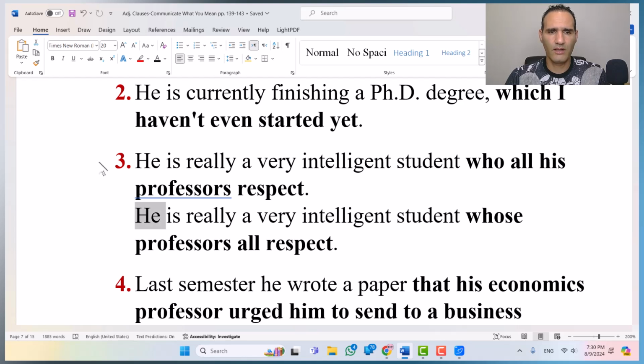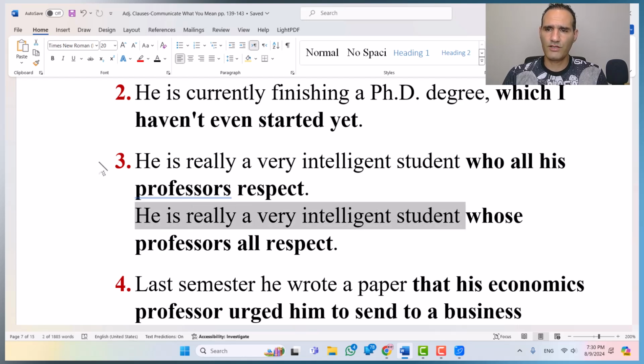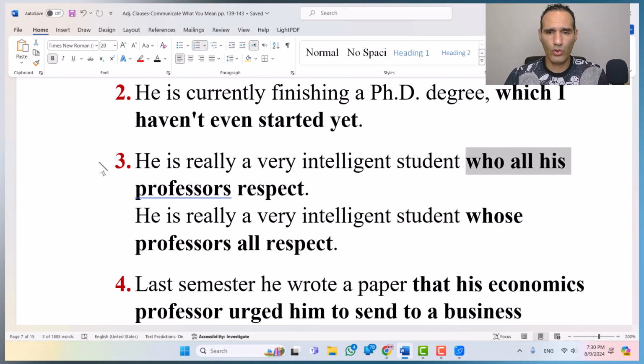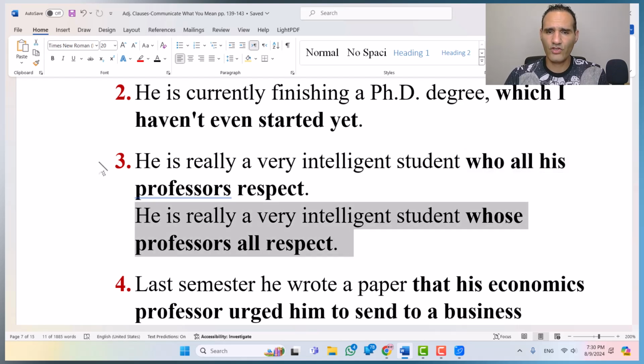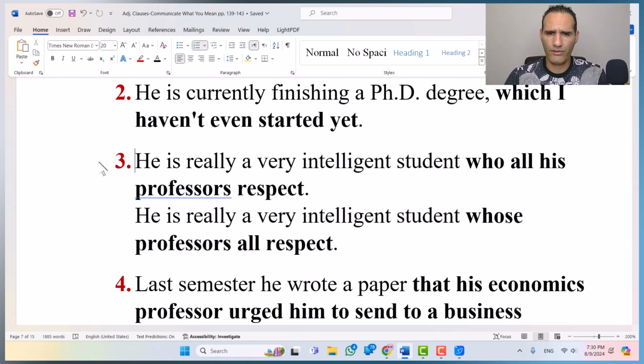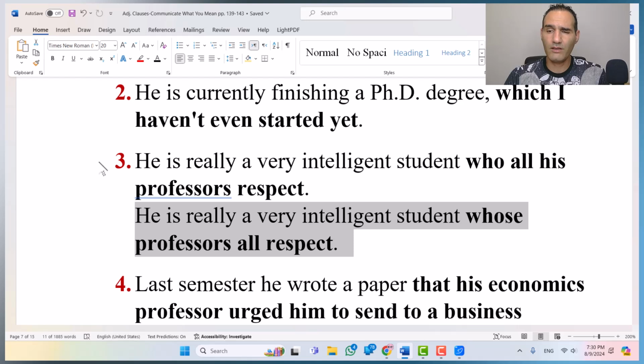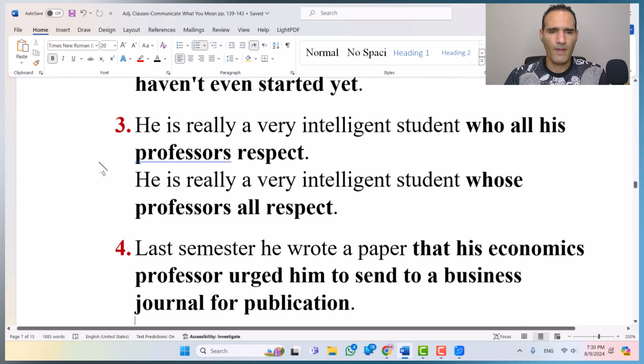So we say: he is really a very intelligent student whose professors all respect. So instead of "who his," we go with "whose." This second version is preferable, though in spoken English the first could be correct, but academic English prefers this one.